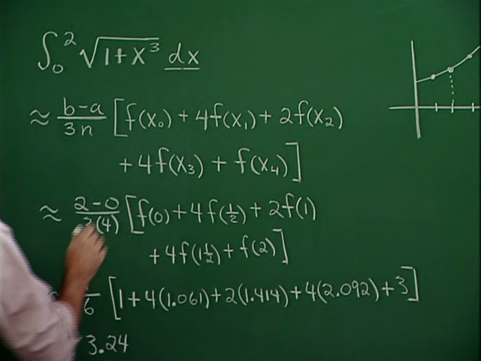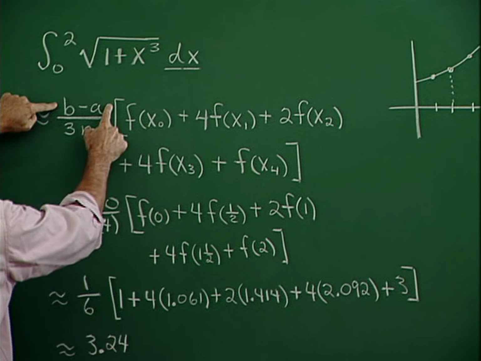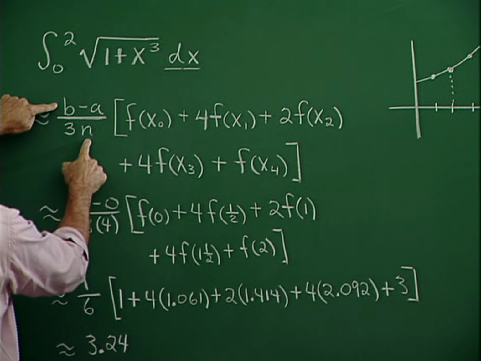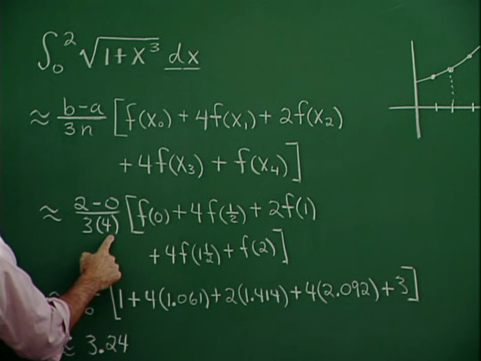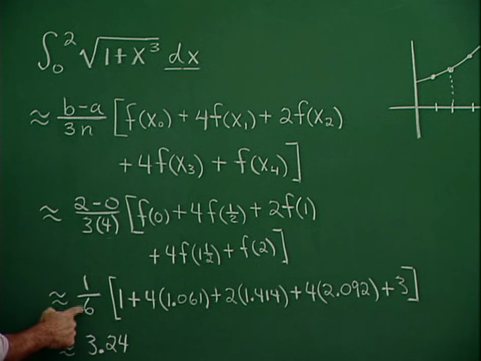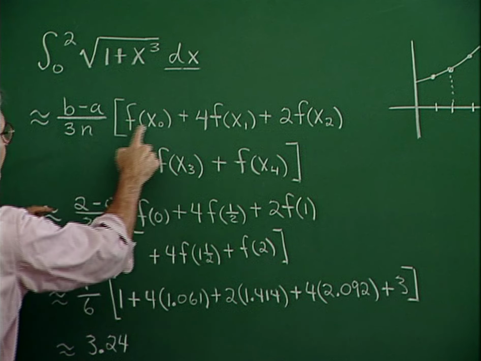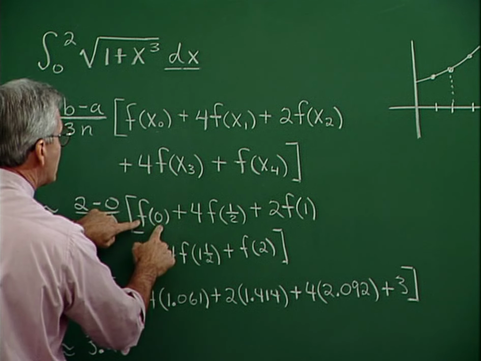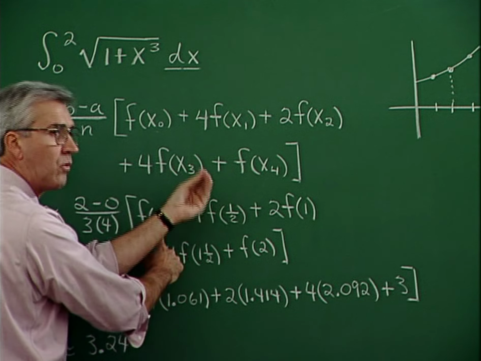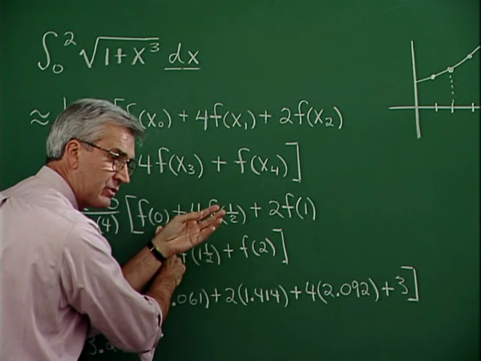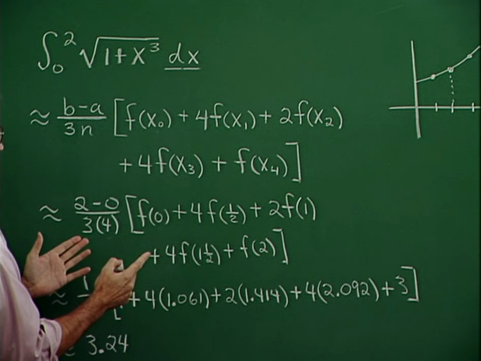At any rate, let's go through the calculation. It's b minus a over 3 times n. So it's 2 minus 0, and n is 4, so it's 3 times 4. And this becomes 1/6. Okay, f of x naught means f of 0. Now our x subscript 0, subscript 1, subscript 2, subscript 3, subscript 4 are exactly the same as they were before.